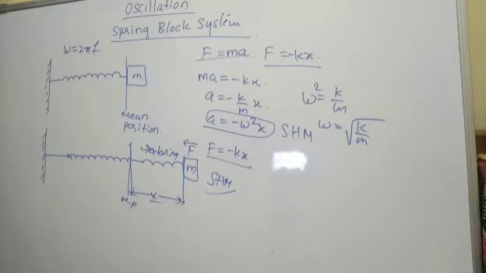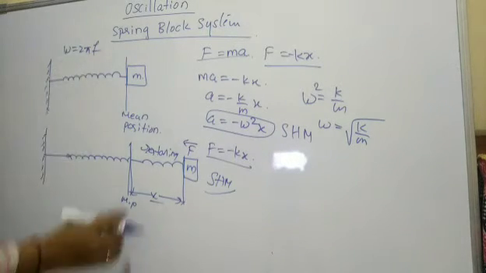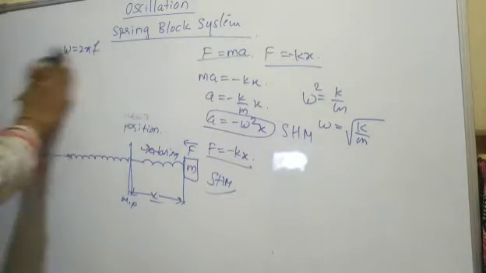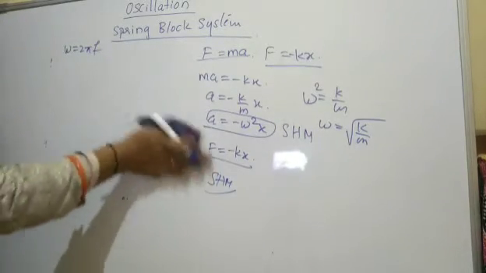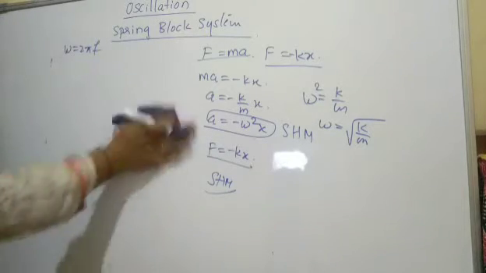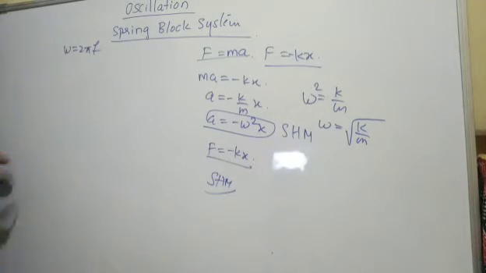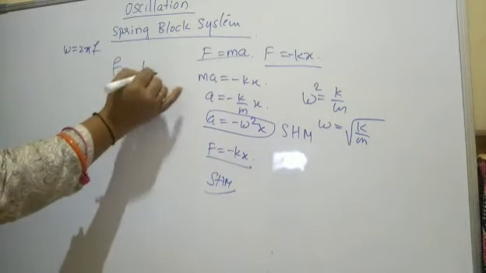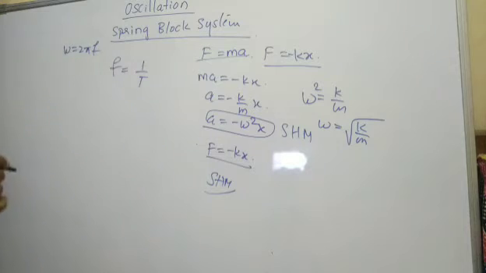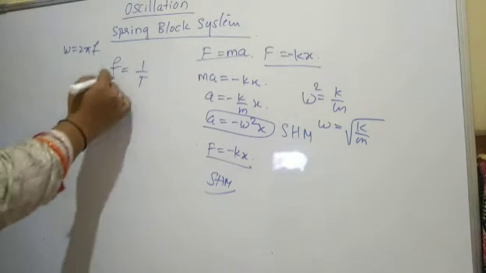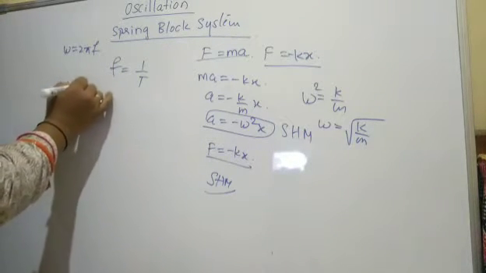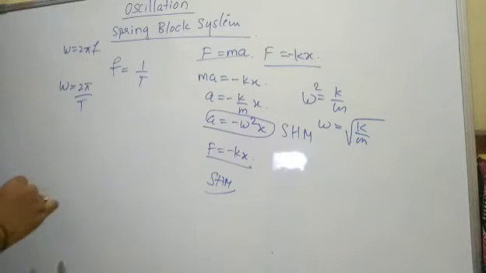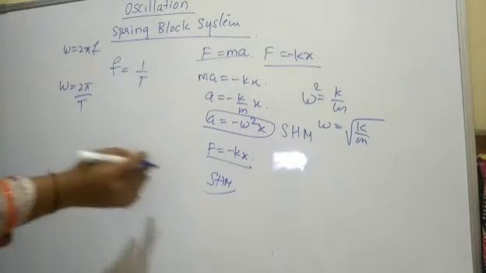Frequency is the reciprocal of the time period, f is equal to 1 by T, which is how much time it takes to complete one oscillation. So omega is equal to 2 pi by T.